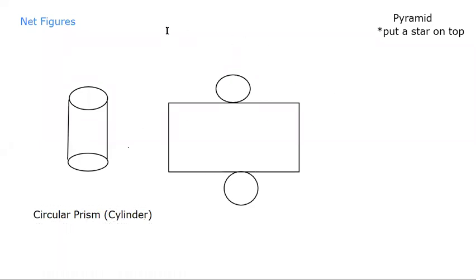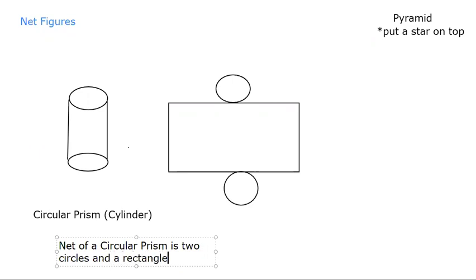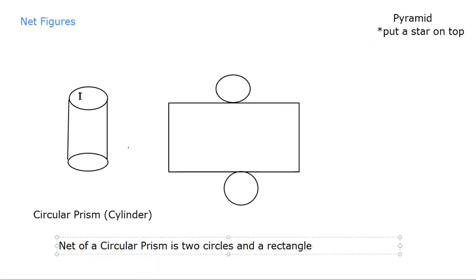One of those cones is a circular pyramid, but this is a cylinder. A net figure is two circles and a rectangle. You see how if you put this back together, you'd have that can again?